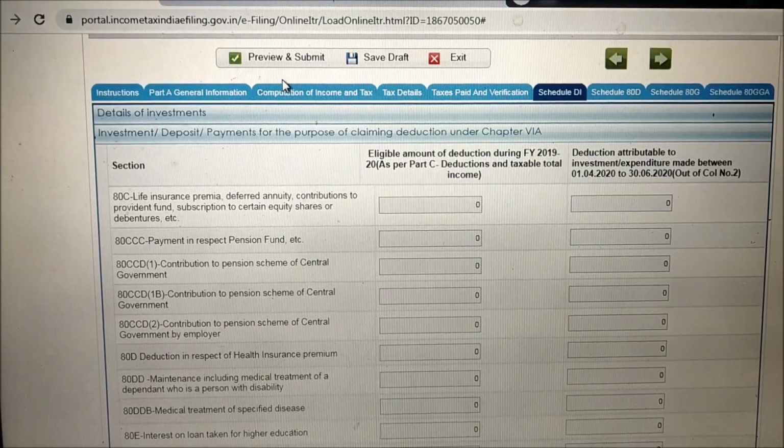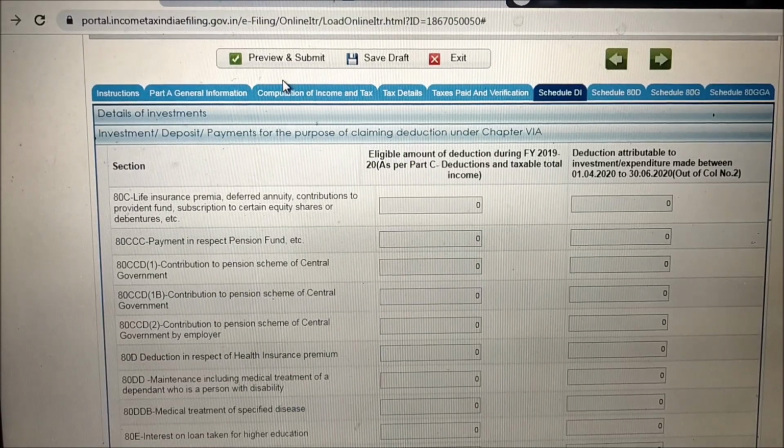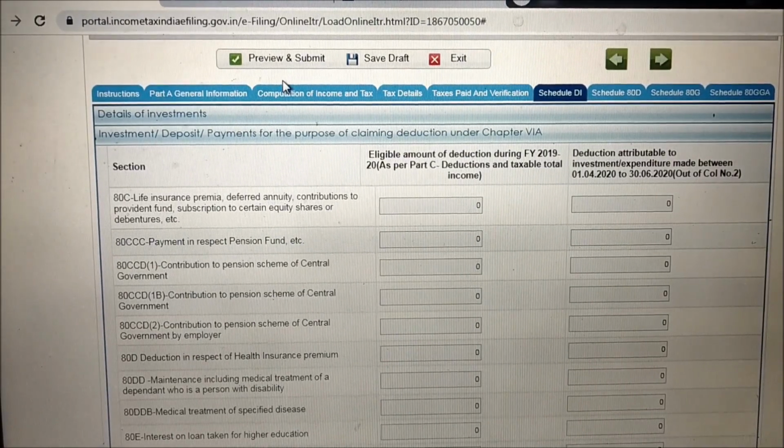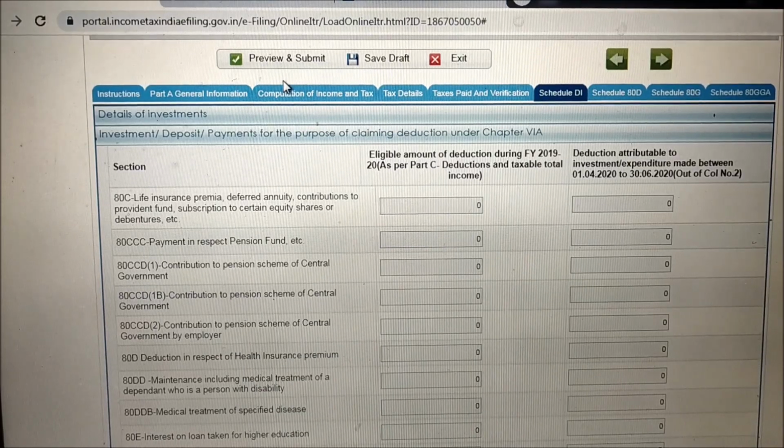The purpose of Schedule DI: due to the COVID-19 pandemic, the Income Tax Department has extended the time limit for making investment or expenditure related to financial year 2019-20 up to 30 June 2020.